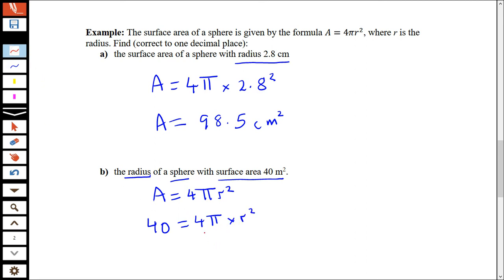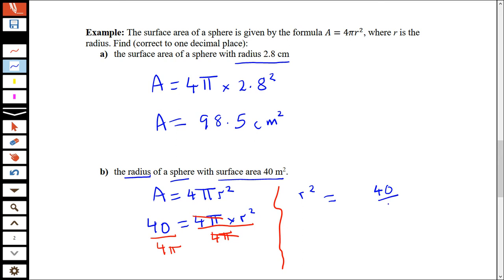What we can do in one go is just get rid of that 4 pi straight away. Divided by 4 pi, so that cancels with that. I'll just draw a little divider here. That gives us r squared is equal to 40 on 4 pi.